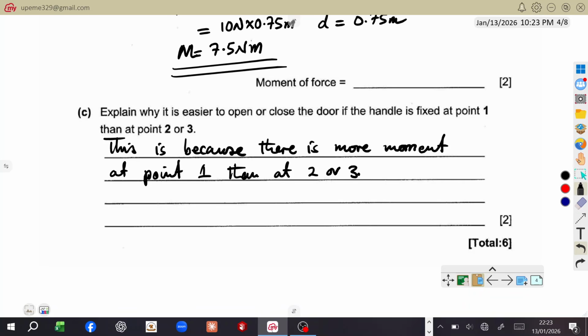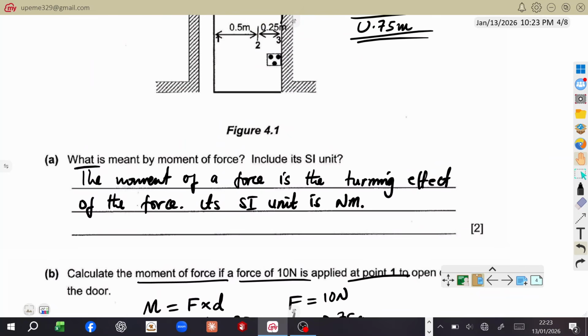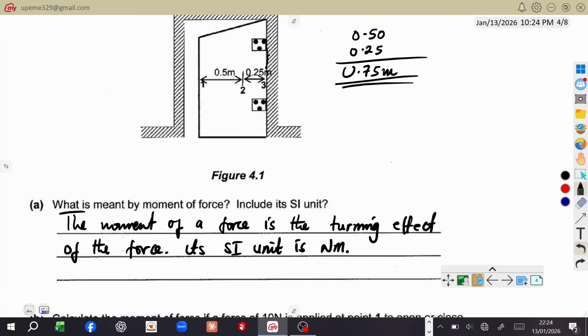That's all. More moment, meaning more rotational movement due to increased distance, because the factors that affect moment are force and distance. Here from the pivot to here the distance is smaller, just 0.5.